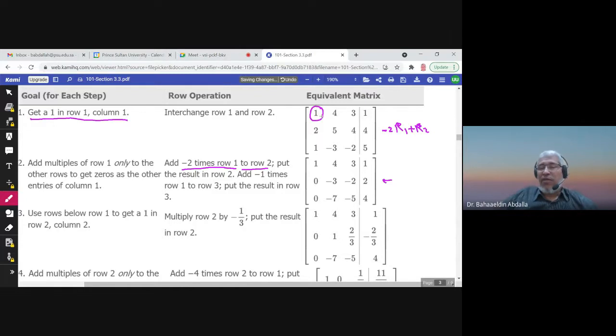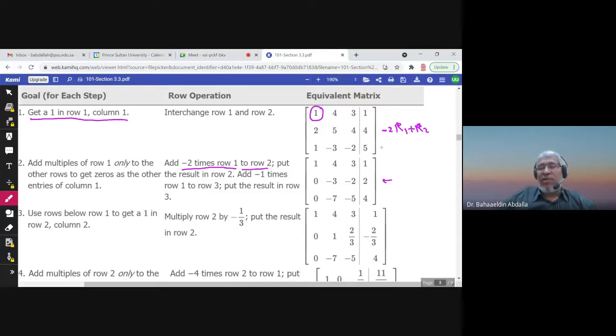So negative 2 times 1 plus 2 is 0. Negative 2 times 4 plus 5 is negative 3. Negative 2 times 3 plus 4 is negative 2. Negative 2 times 1 plus 4 is 2. So you use the calculator and you do this operation and you write the results here.